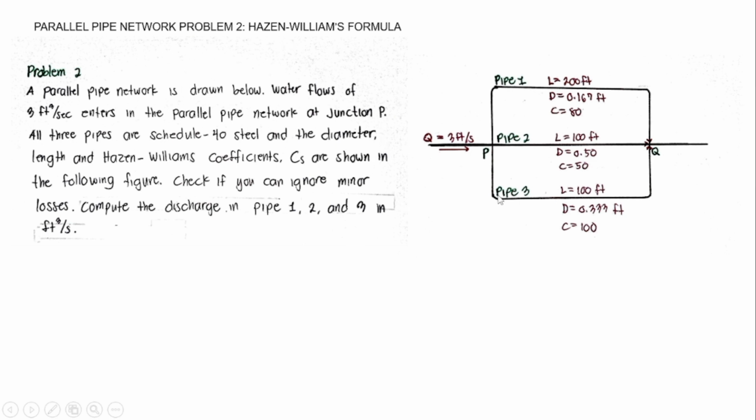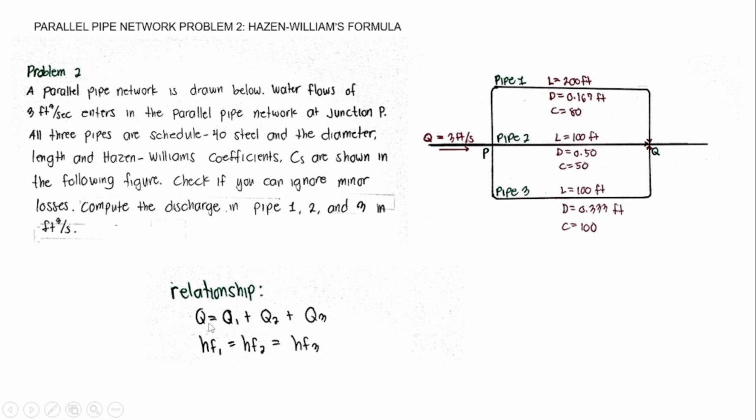So here is our illustration. All the properties of the pipes are given, as well as the Hazen-Williams coefficient, which is C, and also the discharge, which is equal to 3 cubic feet per second. First, we are going to write the relationship between the three pipes.